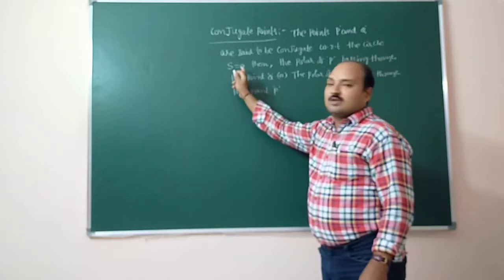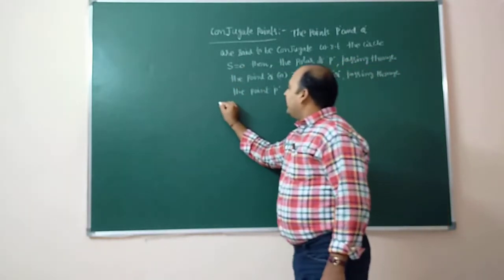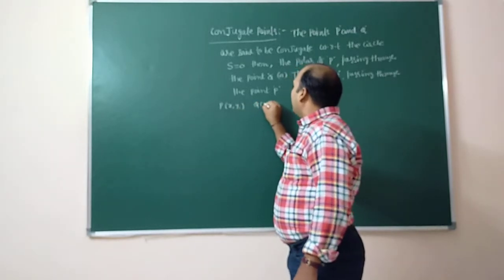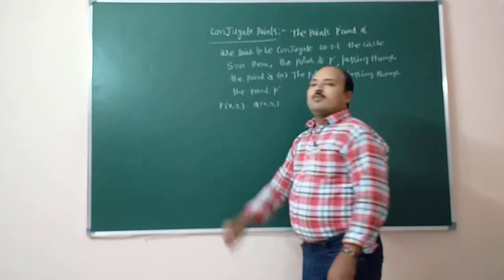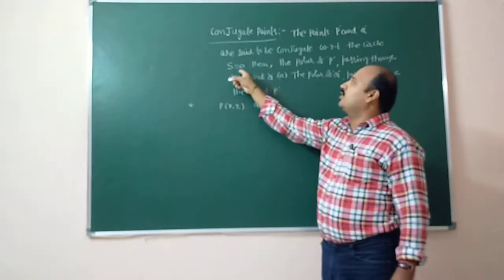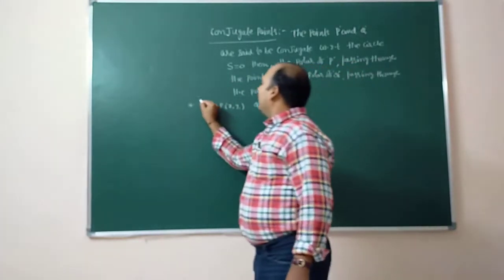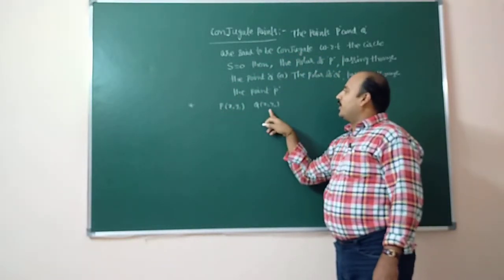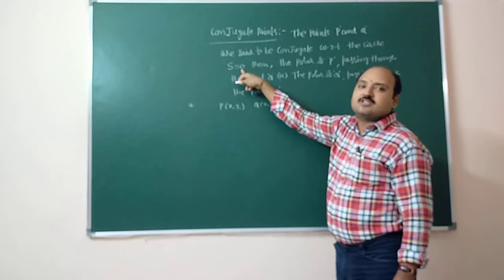According to the circle S is equal to 0, suppose the point P is (x1, y1) and another point Q is (x2, y2). What is the condition for these two points to be conjugate with respect to the circle?